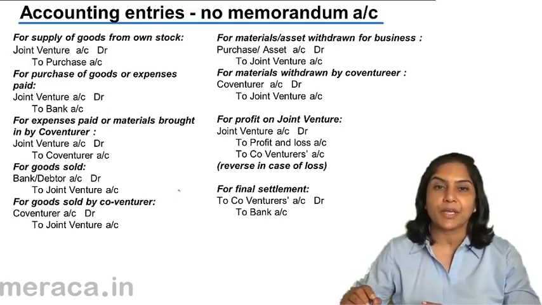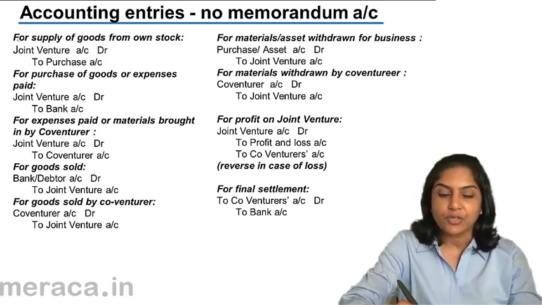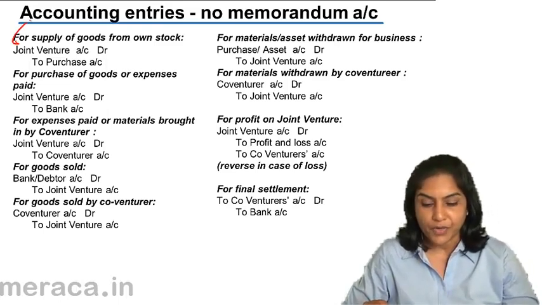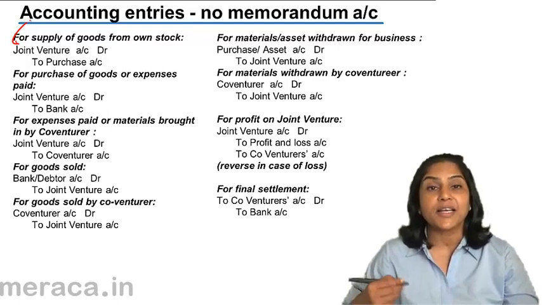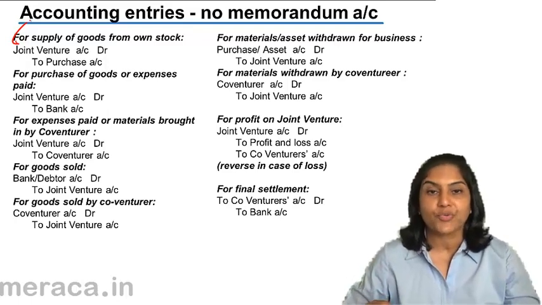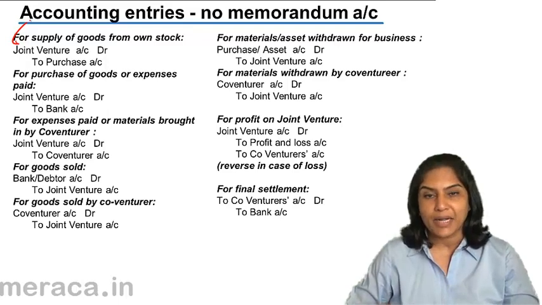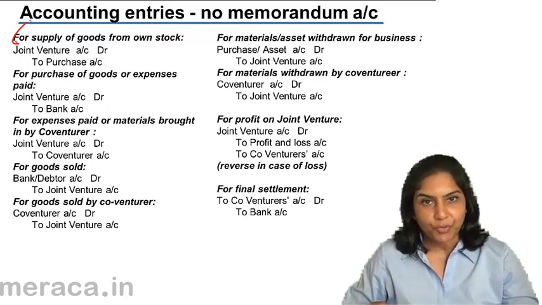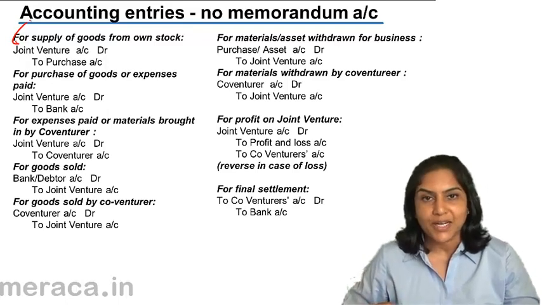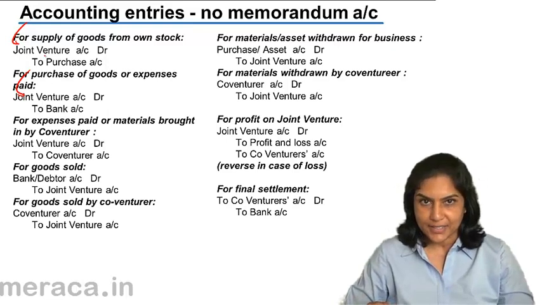Now since they are being used for joint venture, we remove it from purchases and take it to joint venture account. On the other hand, if he spends money for the joint venture, buying material, buying equipment, meeting the expenses of joint venture, since it's an expense, joint venture account would be debited and it's his own personal cash going out. Therefore, his cash or bank account would be credited.